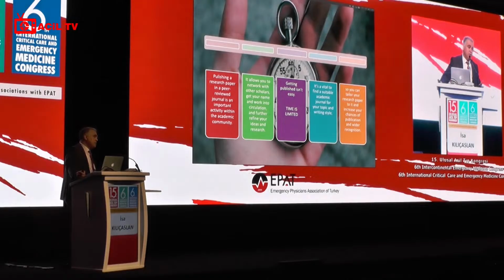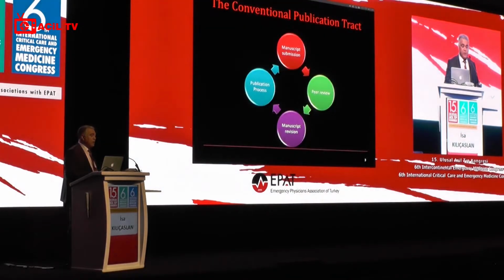But getting published is not easy because time is limited, and before taking more time, you should know some important clues. Also, it's vital to find a suitable academic journal for your topic and writing style, so that if you find the right journal, you can easily tailor your research paper and publish it.